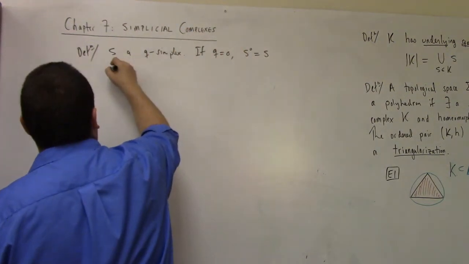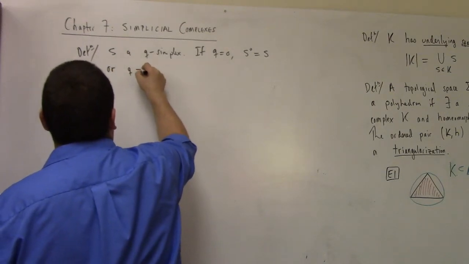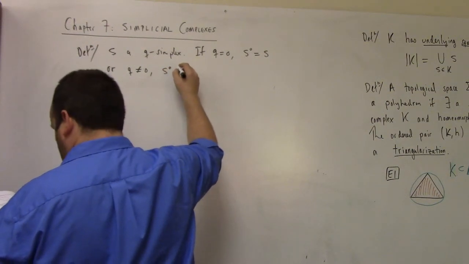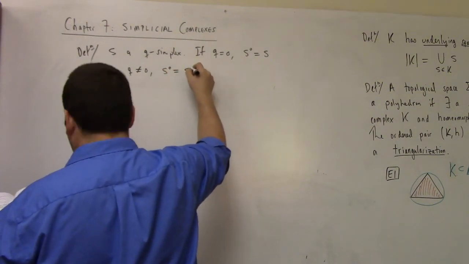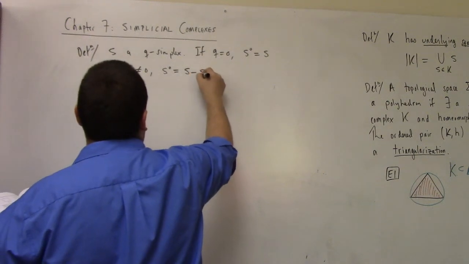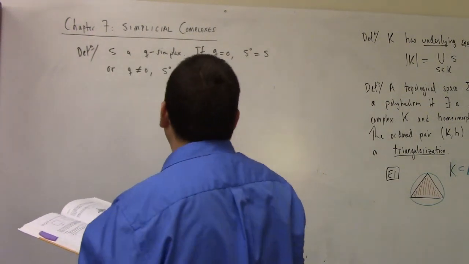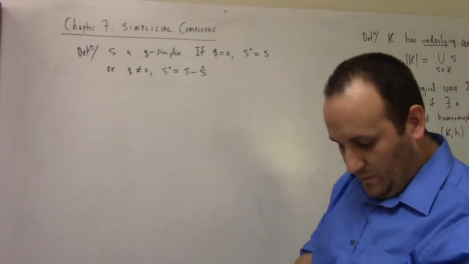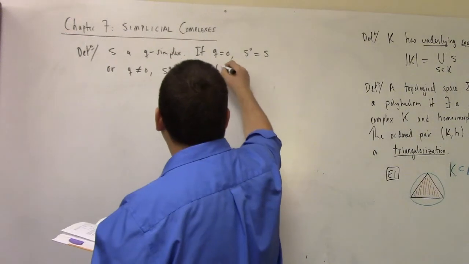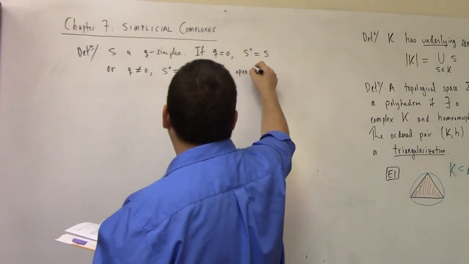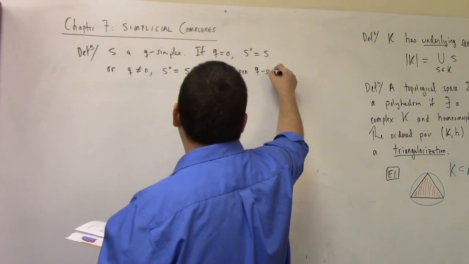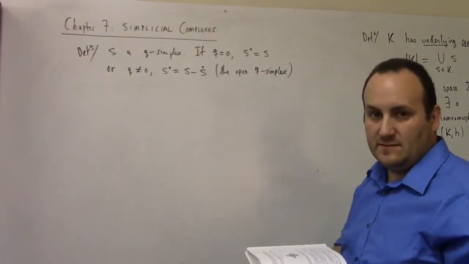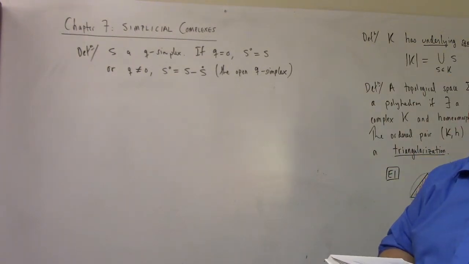On the other hand, if Q is not equal to 0, then we define S upper circle, the interior of S, as S minus S dot, where S dot, of course, is the boundary of S. Right. So this is called an open Q simplex. Which kind of makes sense, right? So it's basically, you take your simplex and give it fuzzy edges. Unless it's a zero simplex, then it's not actually going to be open.